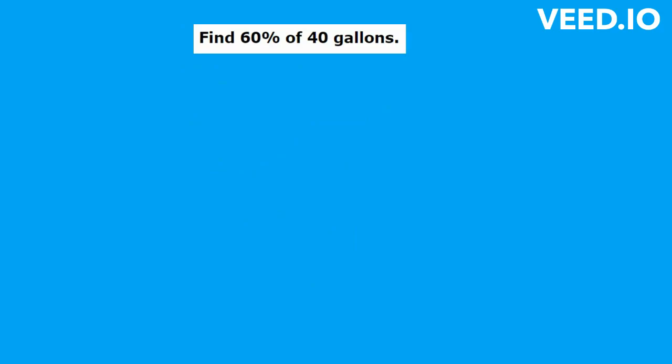Say for example, I ask you to find 60% of 40 gallons. We have percent here, 60%. That means for 100 it is 60. For 40 it is how much? Because we need to find for 40 gallons.